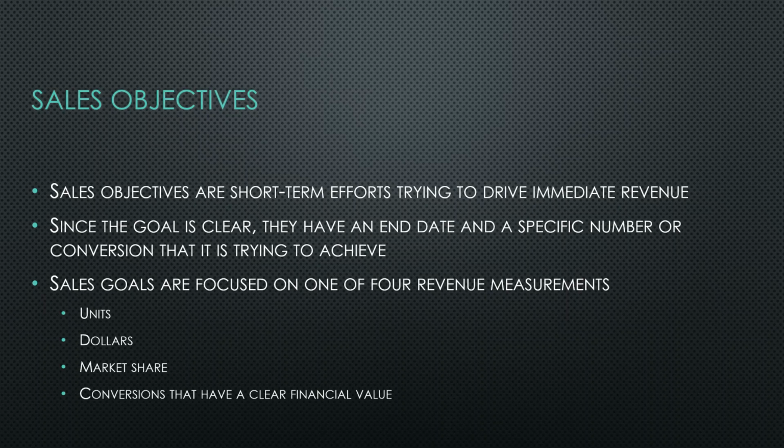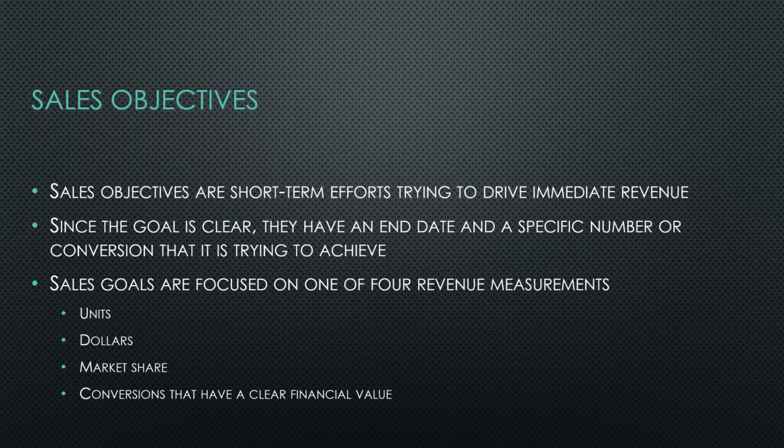But if I wanted to say, I want to drive a certain number of people to enroll in our loyalty program, well, I could potentially build a predictive model and figure out how much value each person who is a member of our loyalty program has. And it's going to predict future sales. So in that case, because I can associate a financial value with joining that loyalty program, that might be worthwhile.